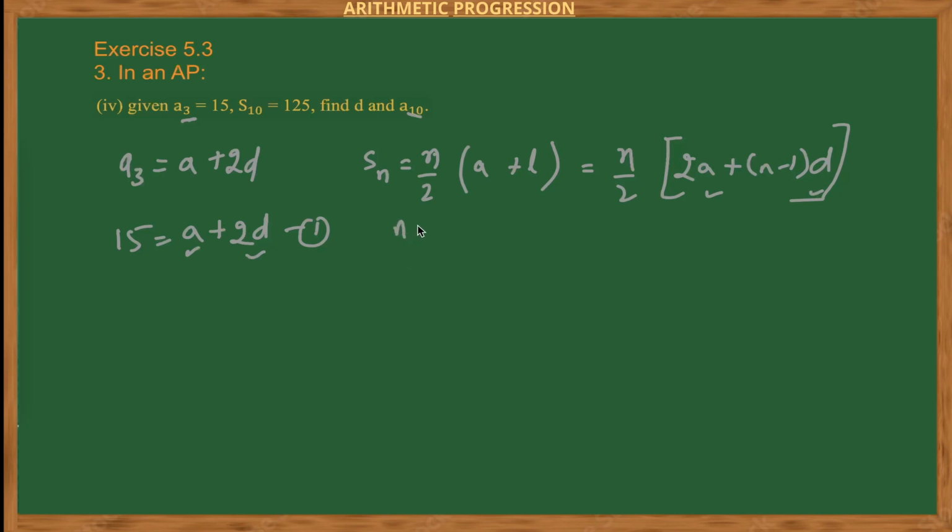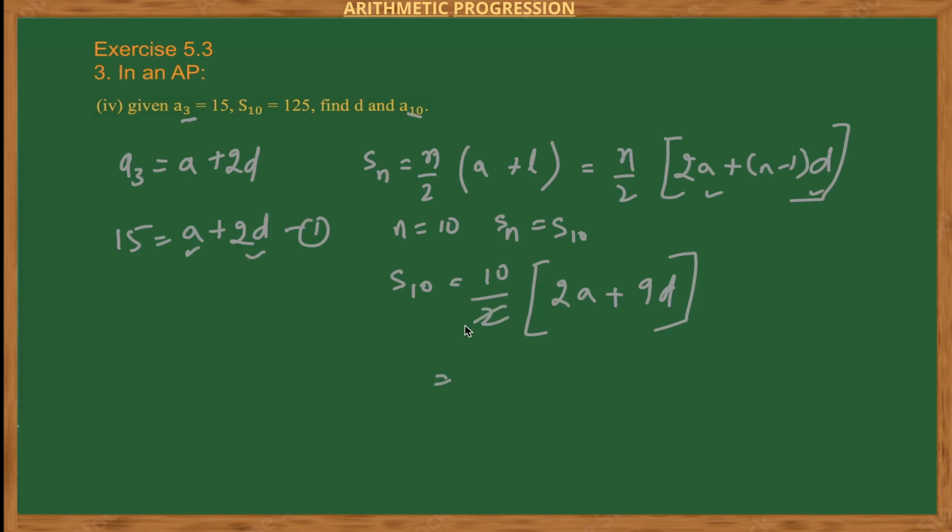In this case we have n is equal to 10 and Sn is equal to 125. With this information, let's go ahead. S10 is equal to n, which is 10, divided by 2, into 2a, where a is what we need to find, plus n minus 1, which is 10 minus 1, is 9, into d, which we don't know, that's what we need to find.